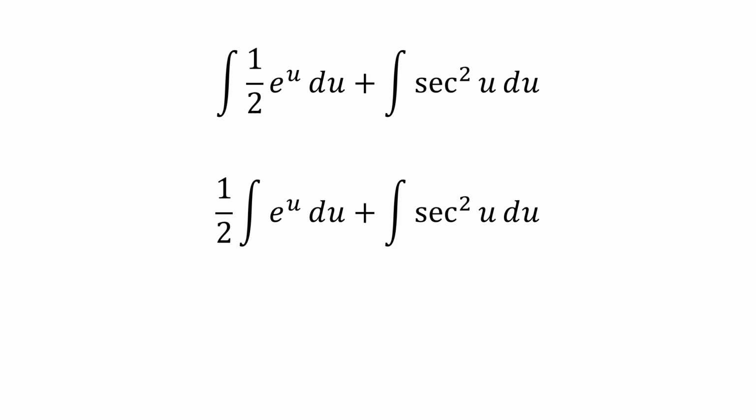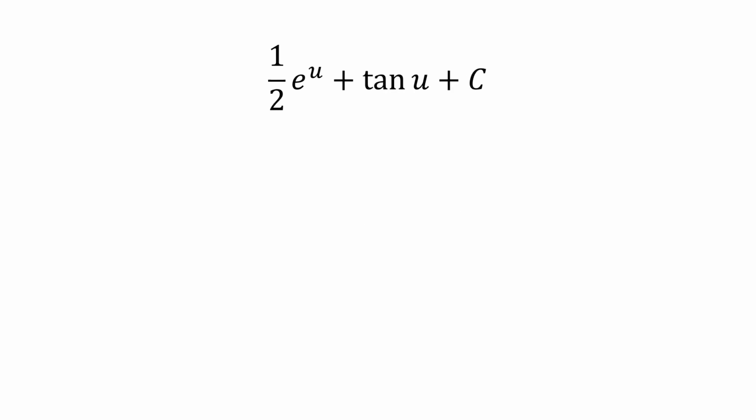Integrating, we get 1/2 e to the u plus tangent of u plus c. Back substituting, we arrive at a final answer of 1/2 e to the 2x plus tangent of 2x plus c.